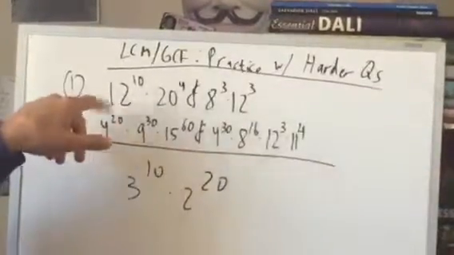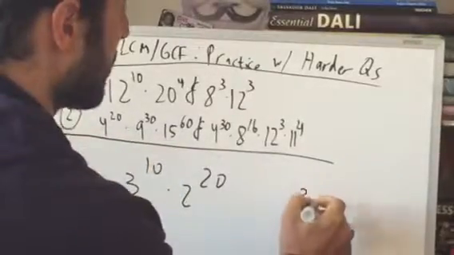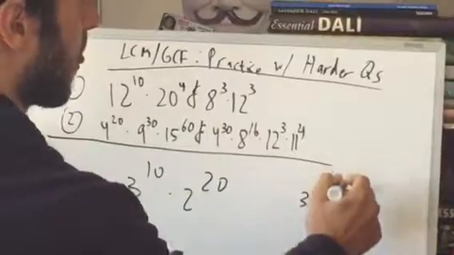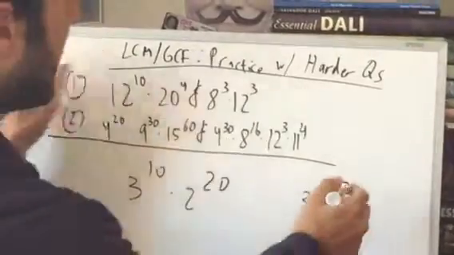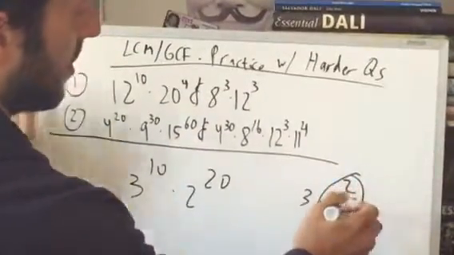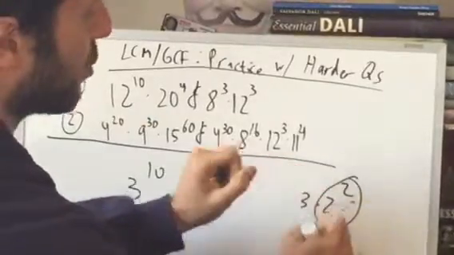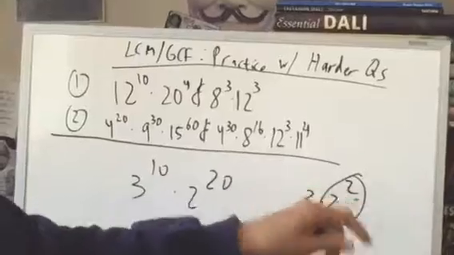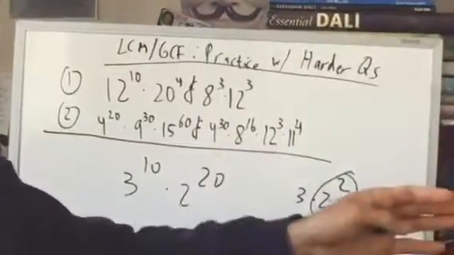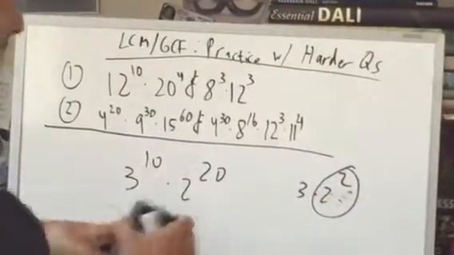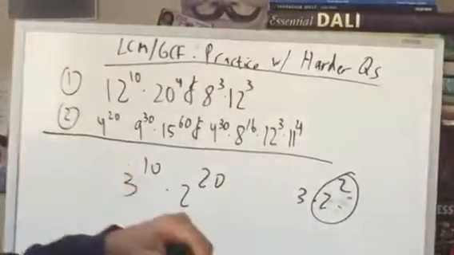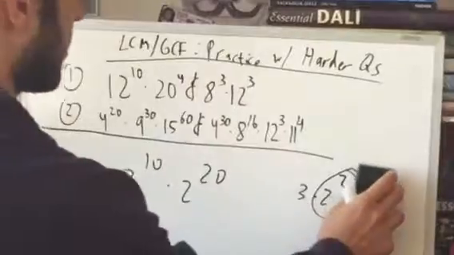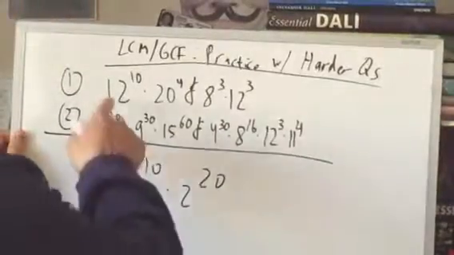There are 10 12s, and each 12 consists of a 3, a 2, and a 2, so that's 2 squared. Since there are 10 of these, we have 20 2s, because 2 squared is 2 times 2, repeated 10 times. So that's where we got this. We're not applying exponent rules blindly, we're actually figuring out what this means.